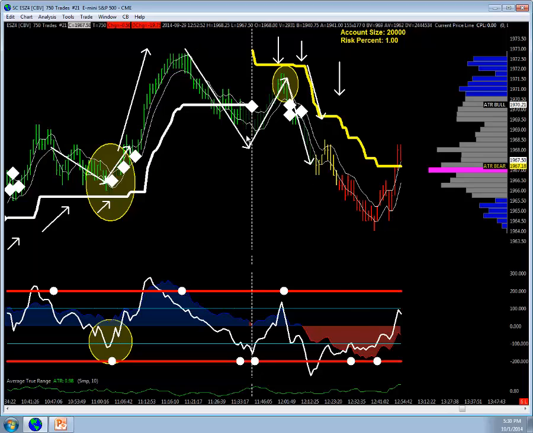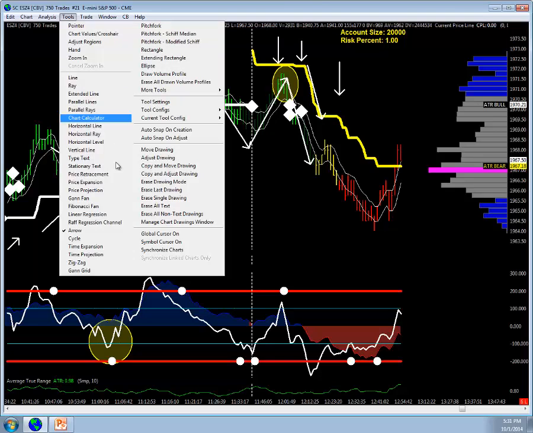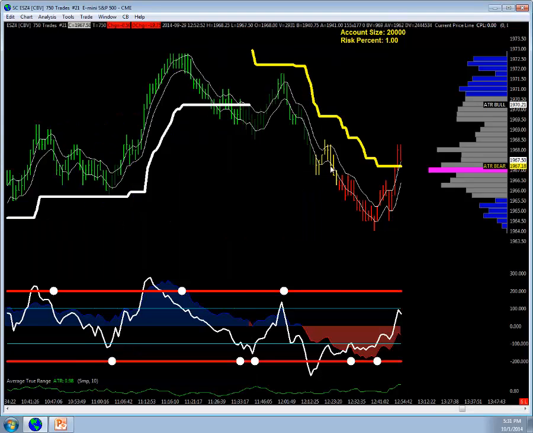So there's the first pullback. On the opposite side, we saw it on the bullish side. Here's one on the bear side shift. Think about getting that first pullback, guys. It is by far the safest trade out there, bar none.